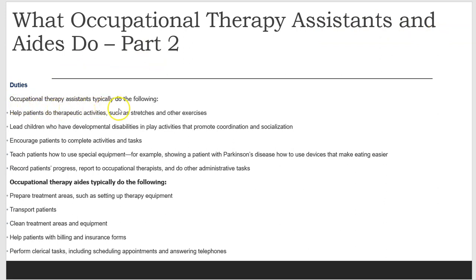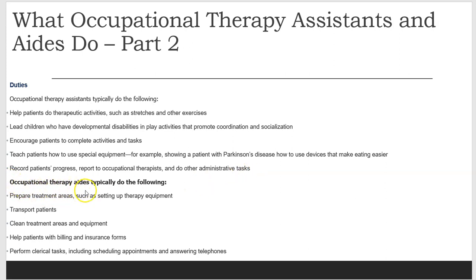Occupational therapy assistants typically do the following: help patients do therapeutic activities such as stretches and other exercises; lead children who have developmental disabilities in play activities that promote coordination and socialization; encourage patients to complete activities and tasks; teach patients how to use special equipment, for example, showing a patient with Parkinson's disease how to use the devices that make eating easier; record patients' progress, report to occupational therapists, and do other administrative tasks.